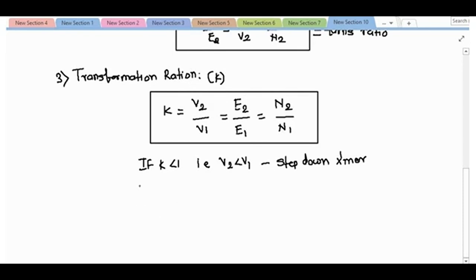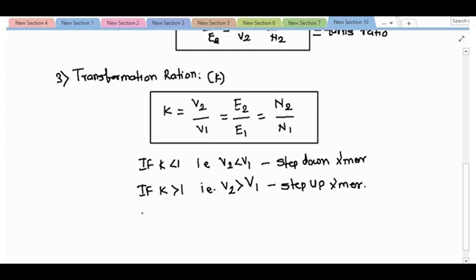Okay. Then second point, if your K is greater than 1, that is your V2 is greater than V1, then such a type of transformer is called a step up transformer. It is that transformer which receives the electrical energy at one voltage level and delivers it at a higher voltage level.